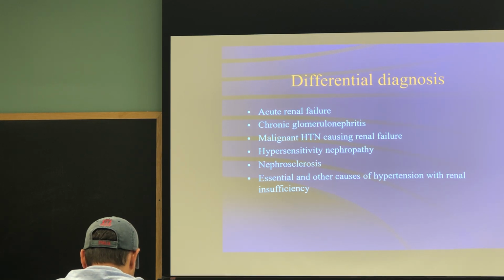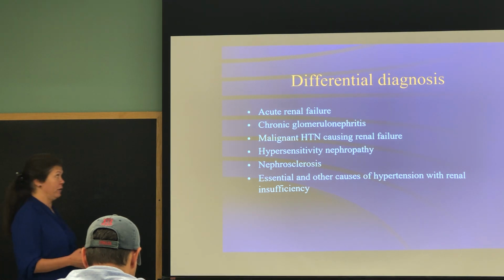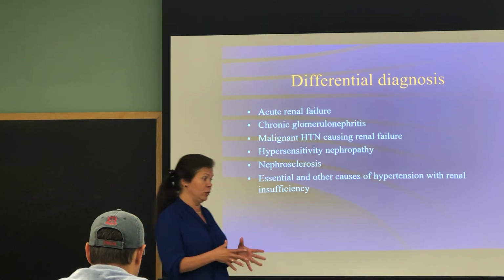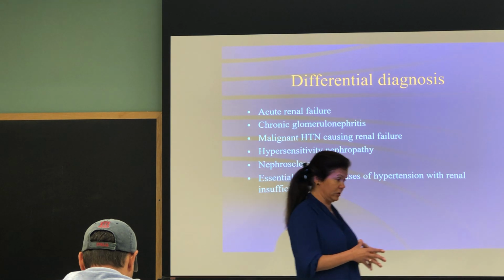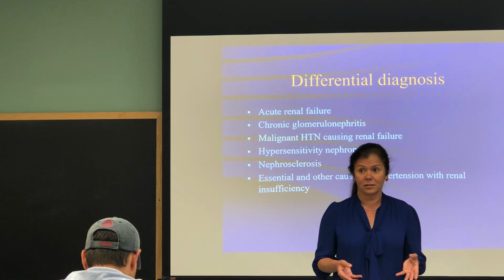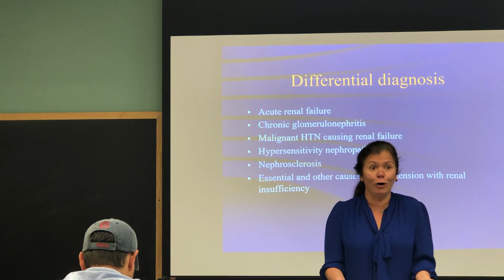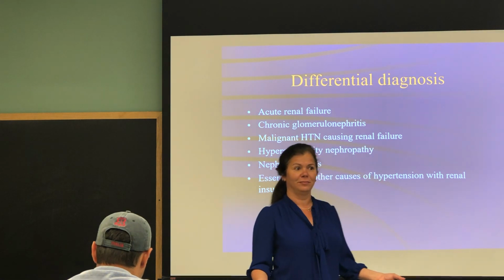Okay? How can you differentiate, for example, chronic glomerulonephritis from a patient with acute renal artery stenosis? You can't, eventually, because eventually they're going to go the same route. It's just much faster than the other.